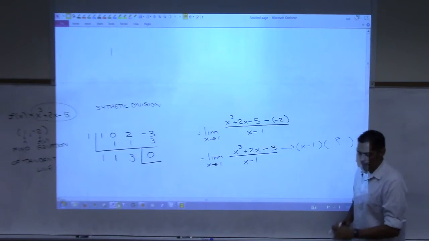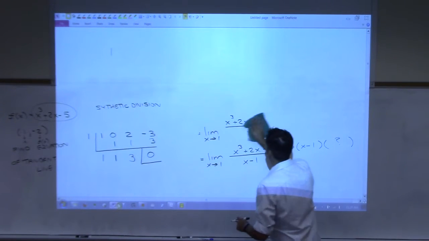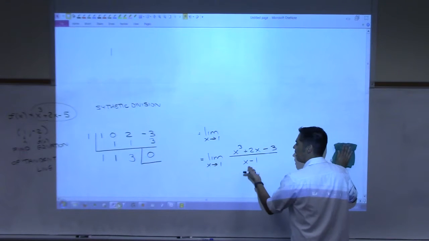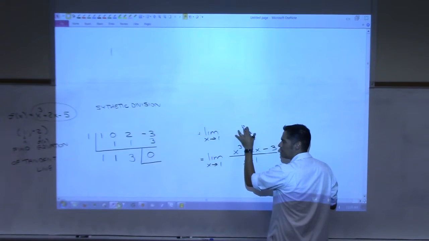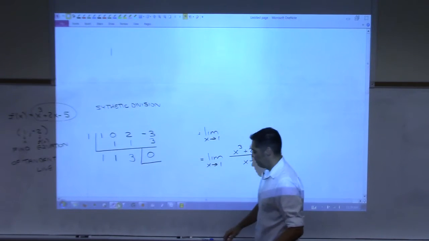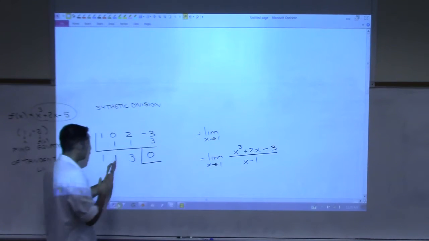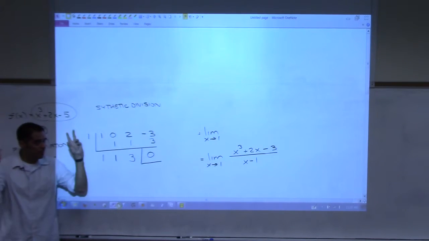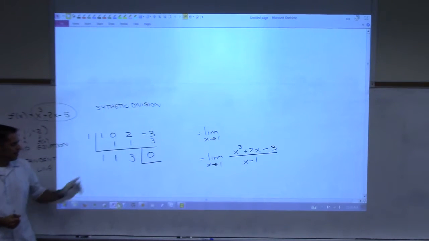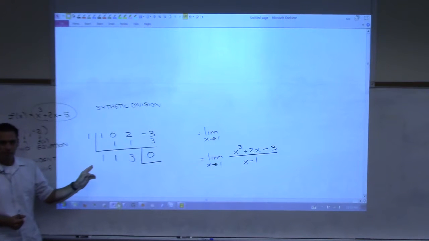So here's where I am. I go back to this and I say, all right, this limit, when I divide this into this, becomes something. And that something is indicated by these 3 numbers right here. These 3 numbers tell us what the answer is. Do you remember how these 3 numbers tell us the answer? Drop 1 above, so it's x squared.